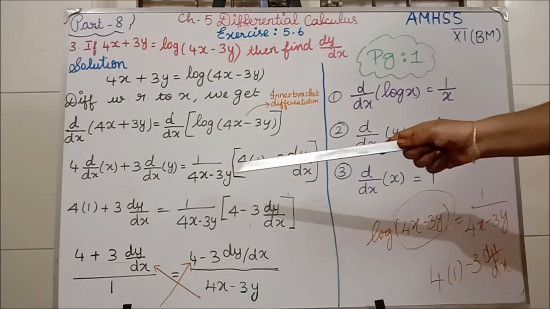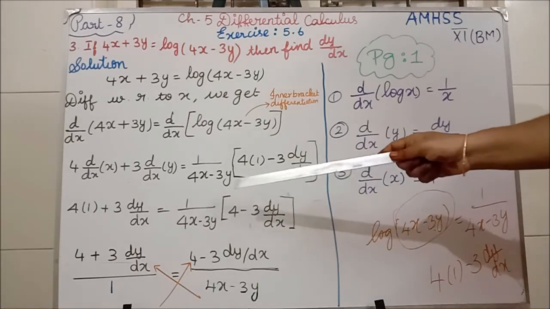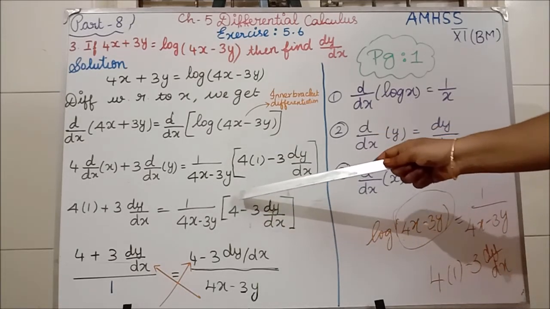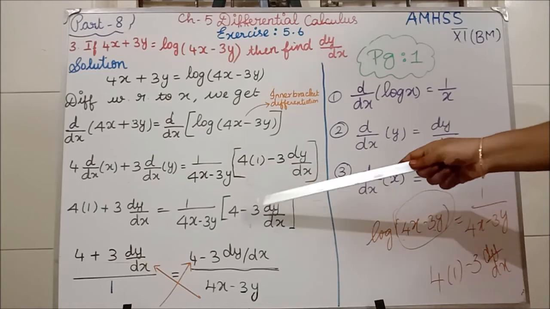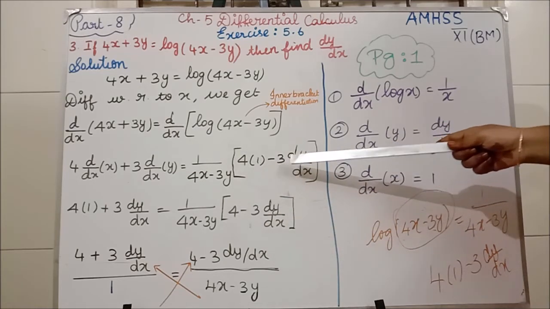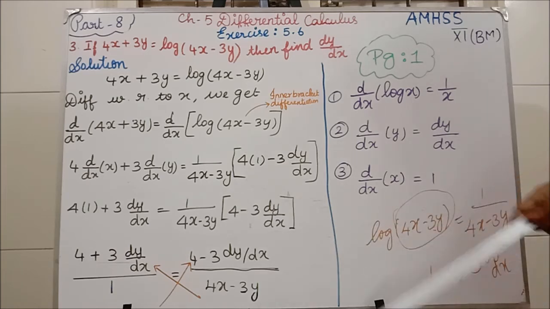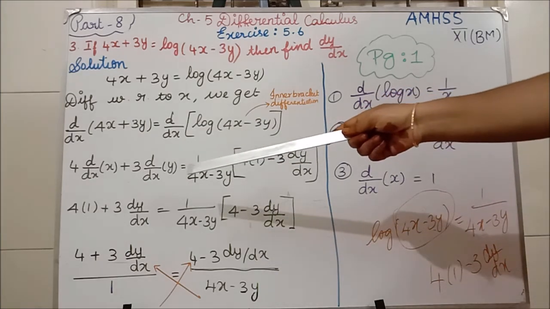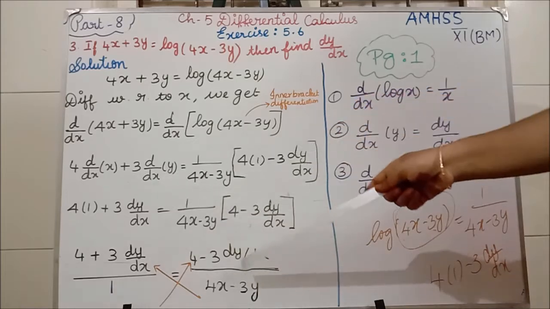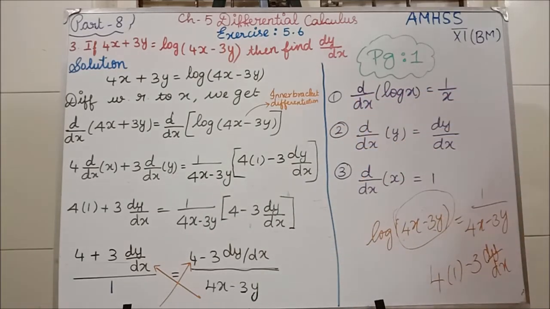That equals 1 divided by (4x minus 3y) times the bracket, where 4 into 1 is 4, minus 3 into dy by dx. The next step: 4 plus 3 dy by dx, whole divided by 1. Why we are taking 1: because we are going to cross multiply.